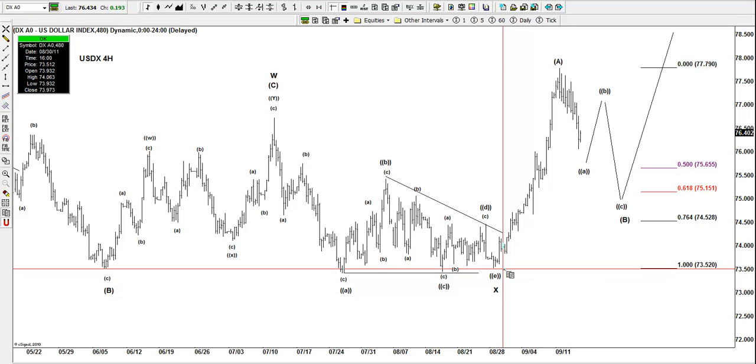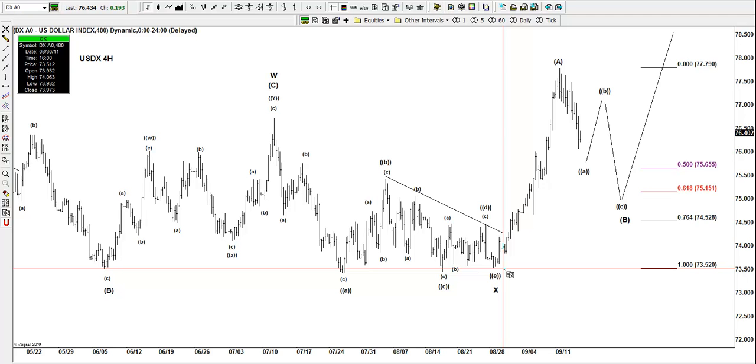So that being the case, the alternative for the euro count is that the whole move from 145.40 is only one move, which is A of the next move down that is gonna take the euro dollar to 129.